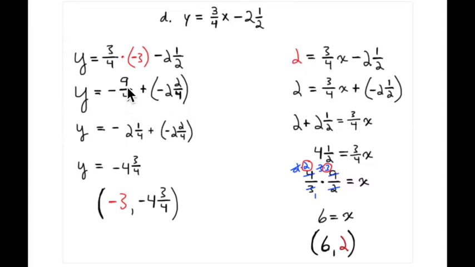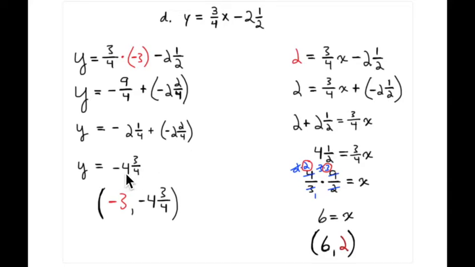So a negative 9/4 is the same as a negative 2 1/4. 2 times 4 is 8. That's going to be 8/4. Plus you have one more fourth. So that's 2 1/4, but it's the opposite of that, or a negative 2 1/4 plus a negative 2 2/4. Well, 2 plus 2 is 4, and 1/4 plus 2/4 is 3/4.